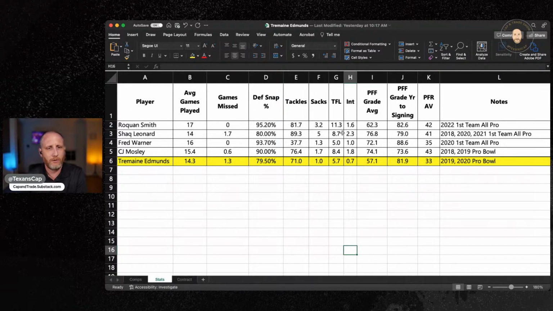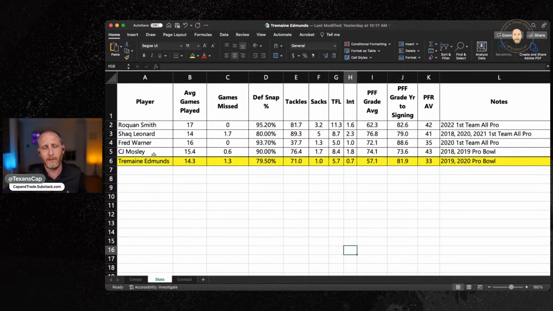So what we tried to do, same thing we did with Okoronkwo and Tunsil, is we look at the 3 years prior to signing their contract. Roquan Smith signed his contract this past January, so we looked at 2022, 2021, and 2020 performance. Shaq Leonard and Fred Warner were 2021 signings, so we looked at 2020 back to 2018.